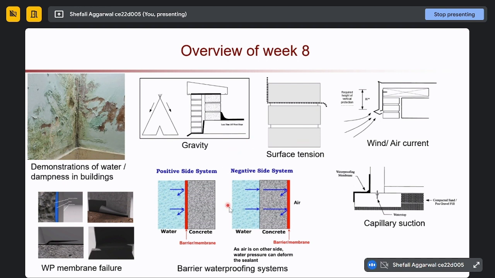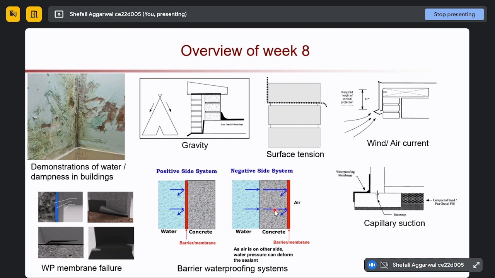After that, you might have studied the waterproofing systems: positive side waterproofing and negative side waterproofing. Positive side waterproofing is applying the waterproofing outside the concrete wall, to prevent the ingress of water into the concrete. And negative side waterproofing is when we apply the waterproofing inside the concrete surface, so that even if water is entering through the concrete, it is not disturbing the inside surface of the building or structure.